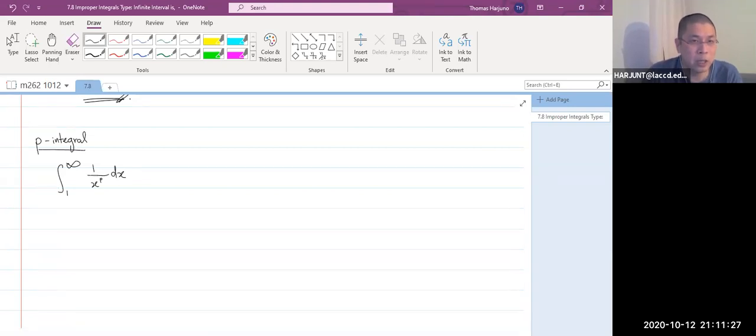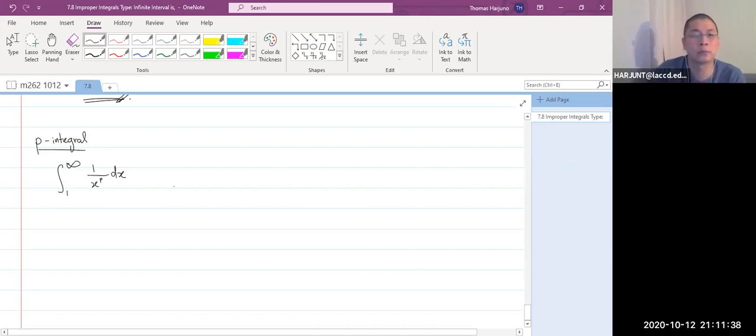When will this be convergent? When will this be divergent? Now we will start with when P equals 1. For P equals 1, maybe I do the limit first.